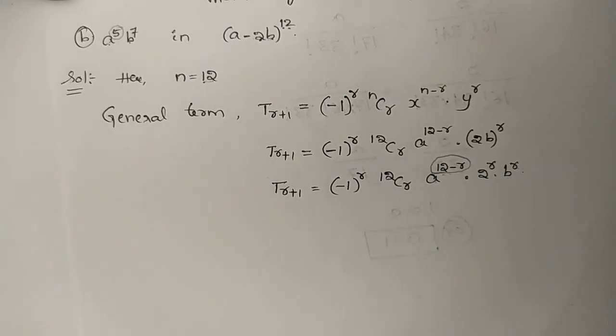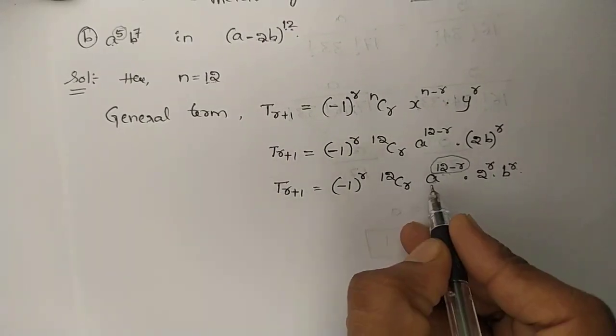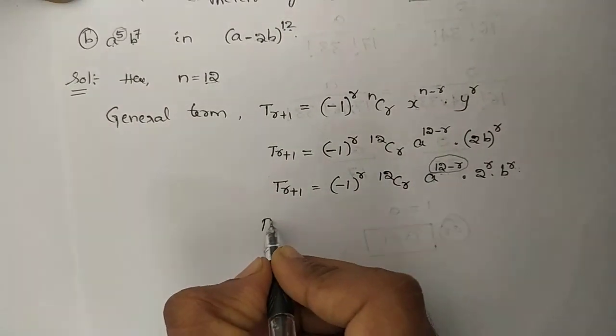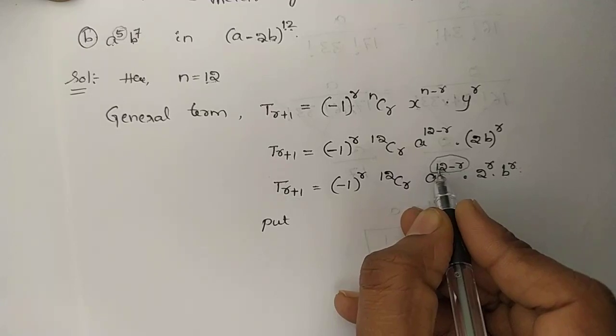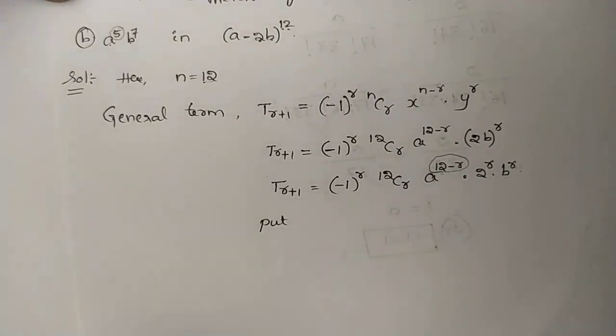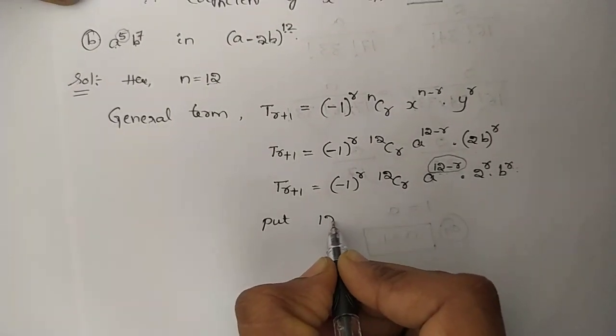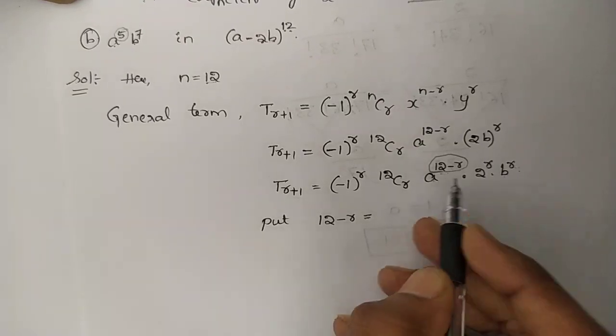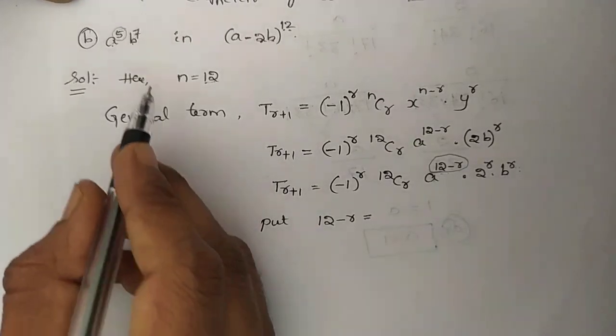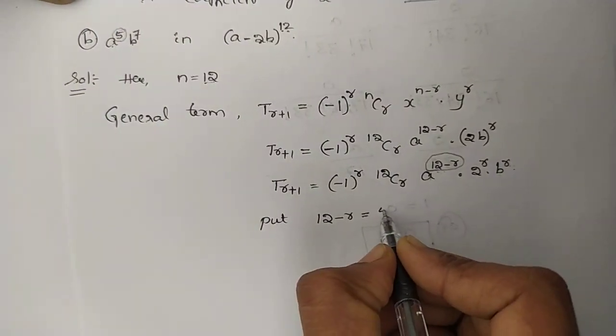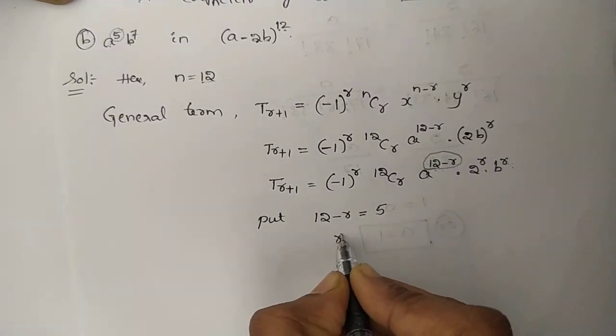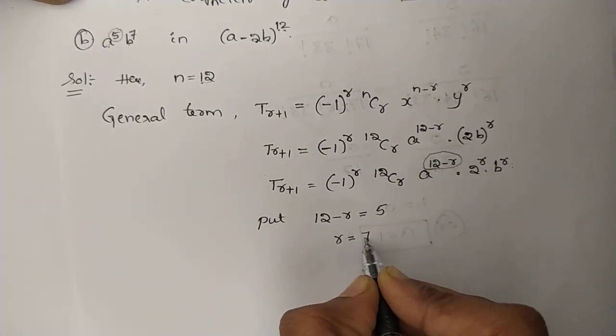I am equating a powers. So 12 minus r equals 5. Then the r value will be 7.